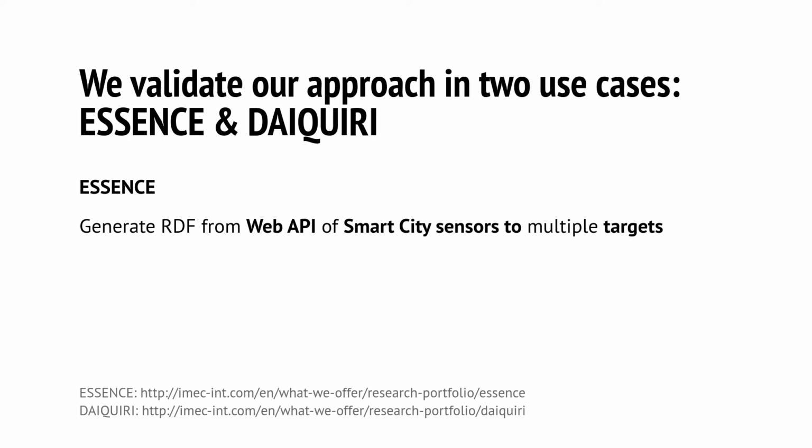We validated our approach in two use cases, Essence and Daiquiri. In the Essence use case, we had to do smart city storytelling. And in order to achieve that, we generated RDF from web APIs of smart city sensors and exported this RDF to multiple targets, such as a web API, a SPARQL endpoint, and a local file.